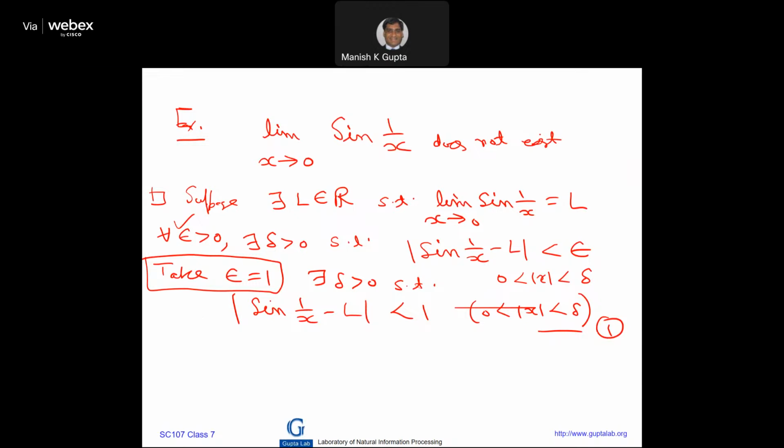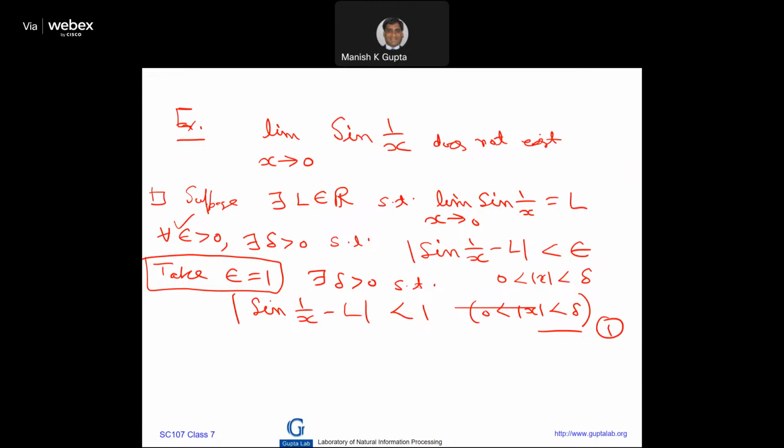Now what? I have to arrive at a contradiction. I'm going to ask some questions. This comes from observation. I look at this function sine 1 by x. Are there some values for which this function is plus 1? There will be some values, and I can find those values.